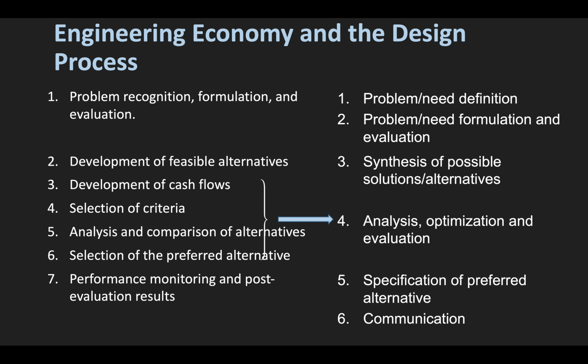We want to make sure we develop the feasible alternatives. We want to develop the cash flows based on the different alternatives. We develop the selection of criteria. We select the best criteria. Do the analysis, compare the alternatives, select the preferred alternative, and perform monitoring and post-evaluation of results. Right, that's what we need to do for engineering economy.